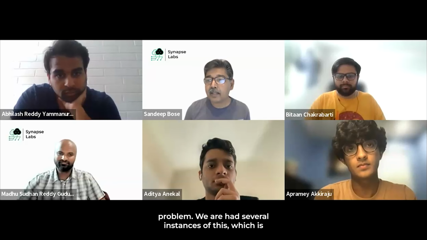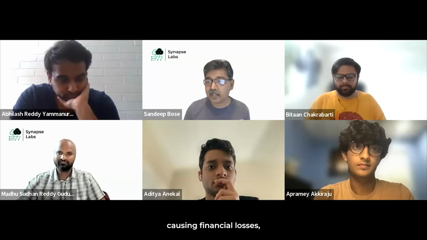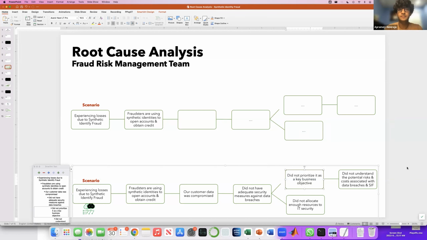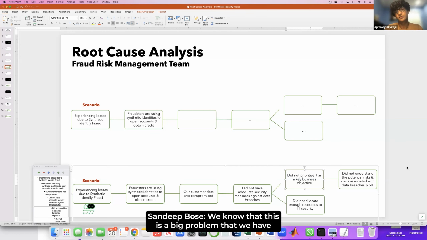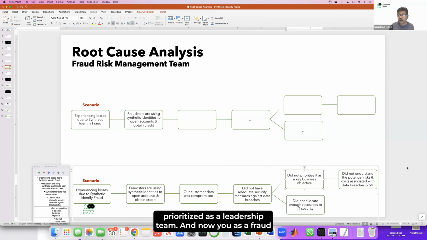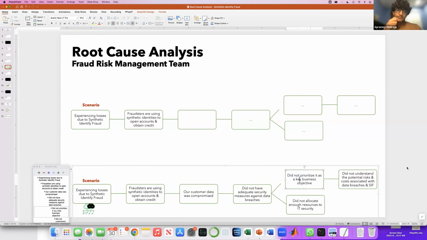We have had several instances of this, which is causing financial losses. It's a big problem that we have prioritized as a leadership team. Now you, as the fraud risk management team, have to get to the bottom of why we are having losses due to synthetic identity fraud, and what you can do to stop that from happening. That's the ultimate goal.